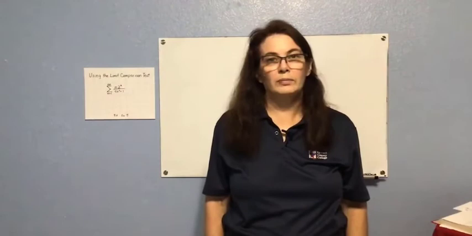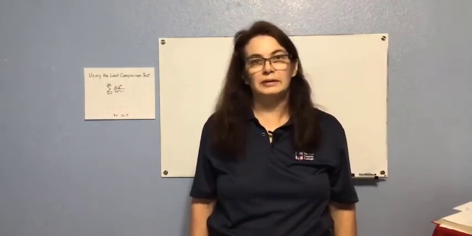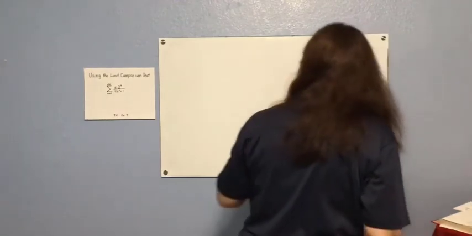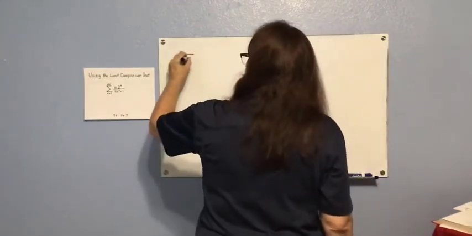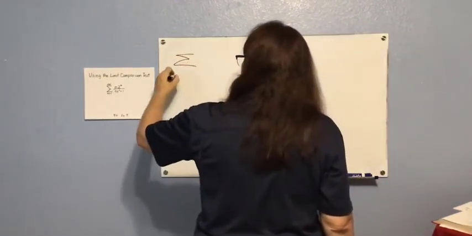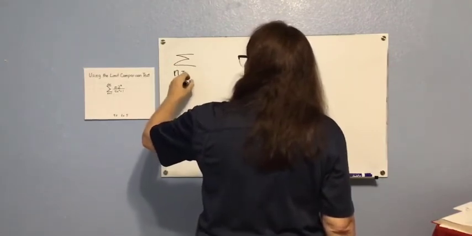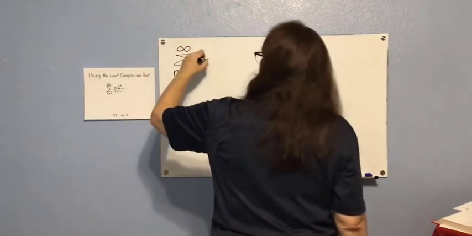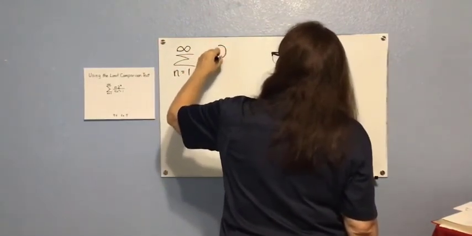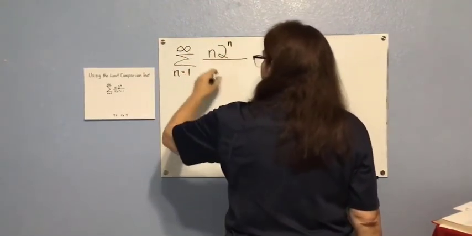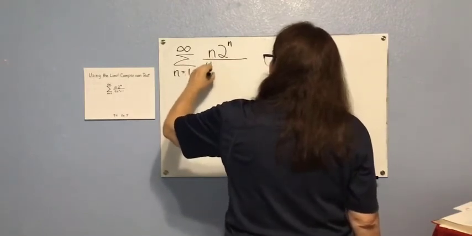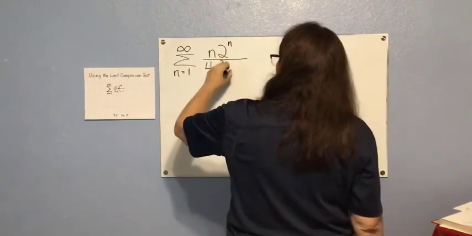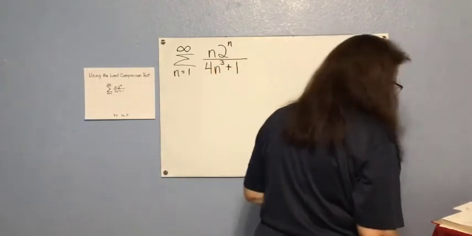We're going to look at one more example of using the limit comparison test. Okay, this is the series we want to find divergent or convergent. n times 2 to the n power over 4 times n cubed plus 1.